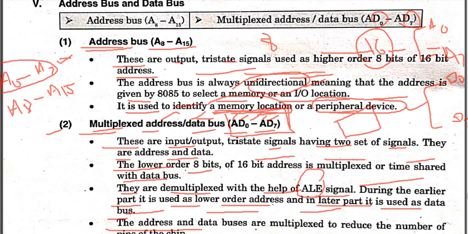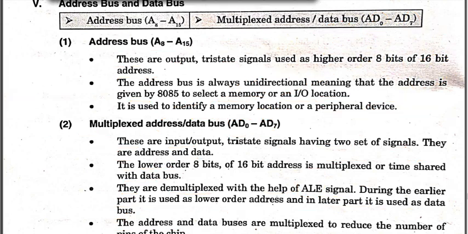So that's why it is combined so that it will be in the 8 bits or 8 pins. So that is the multiplex address and data bus AD0 to AD7.